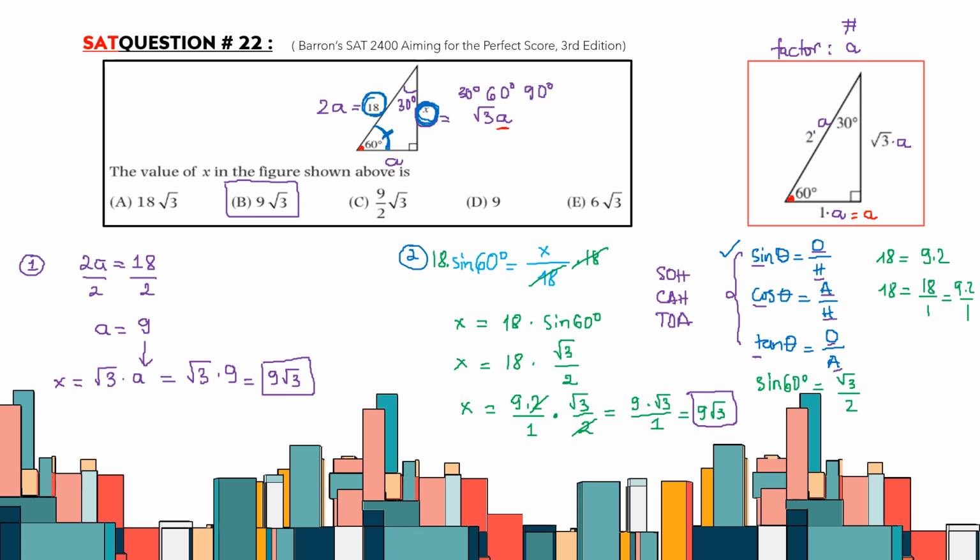So if we cannot remember the value of sine 60 degrees, we should use the first method. We should memorize the ratio of the similar triangle 30, 60, 90.